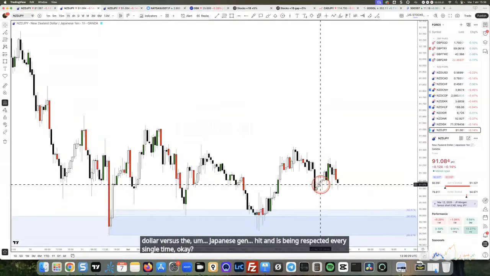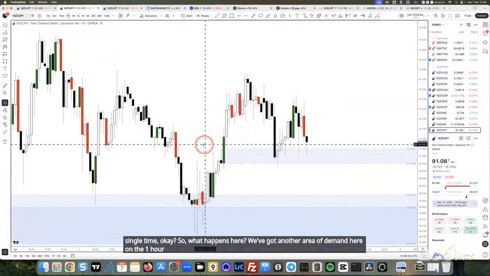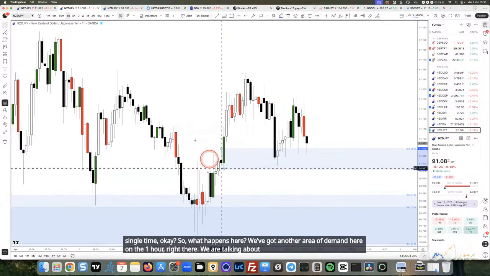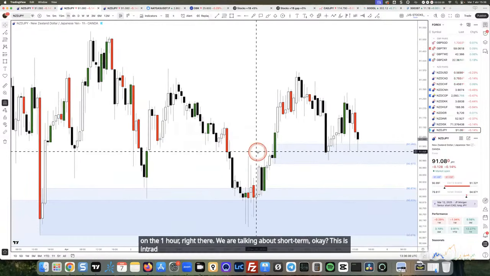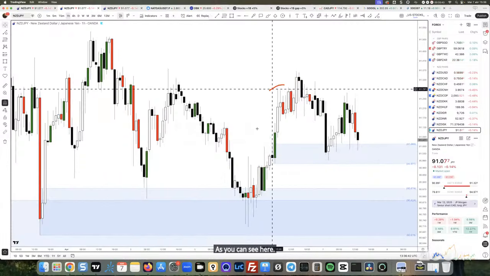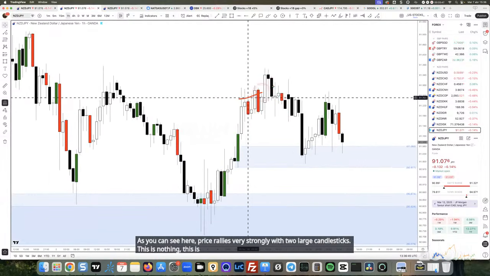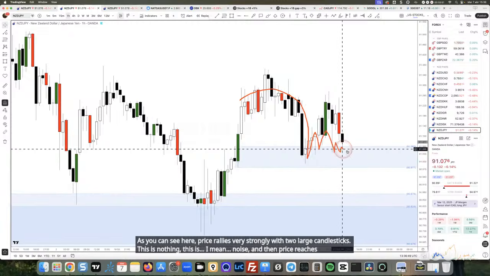So what happens here? We've got another area of demand here on the 1 hour. We are talking about short term, intraday Forex. As you can see here, price rallies very strongly with 2 large candlesticks. This is noise. And then price reaches that level. It's been tested a few times.